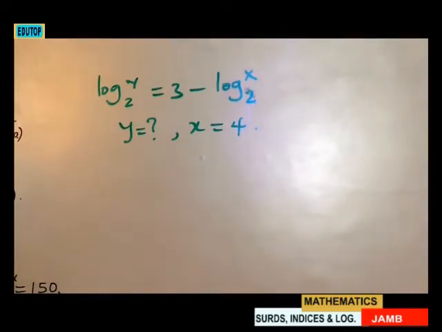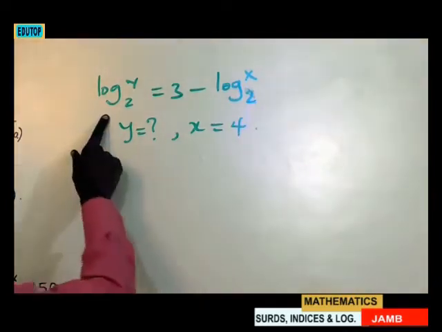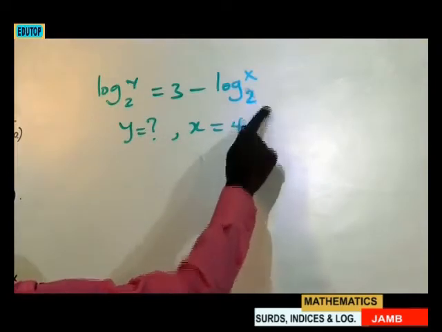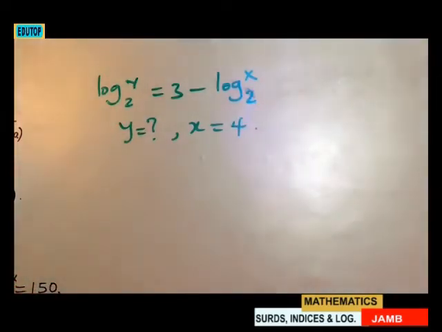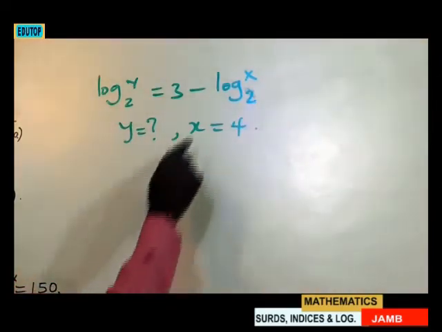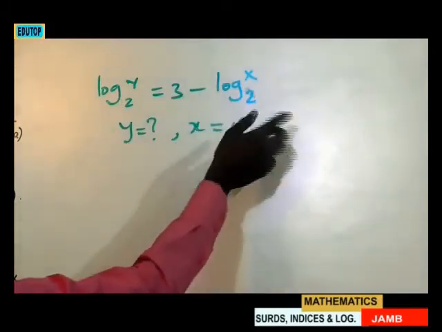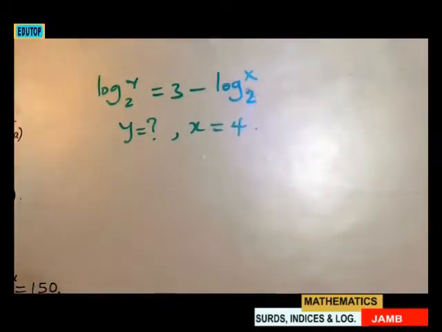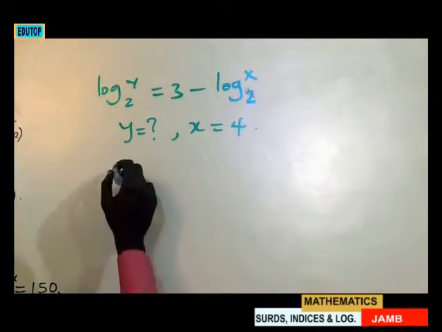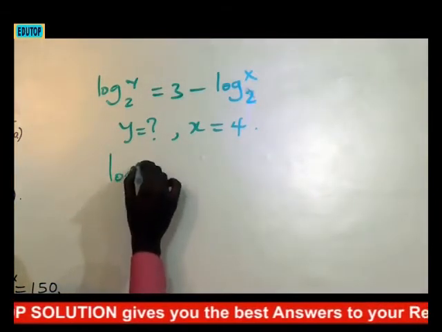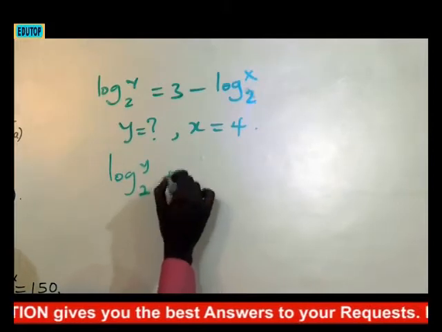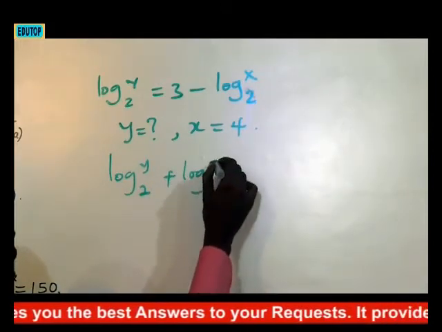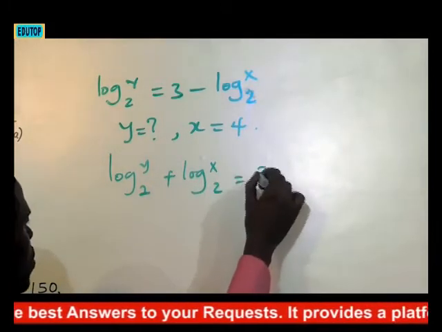Now in this situation, we notice that this one is in logarithm, this is not in logarithm, and this one is also in logarithm. So the first thing we do is collect like terms. By collecting like terms, we are going to have log y base 2 plus log x base 2 equals 3.